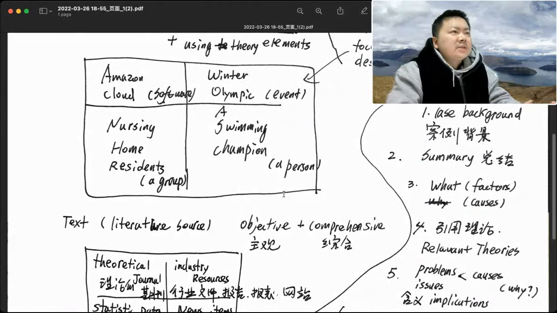You can write about a group of people. Maybe you can study the residents at a nursing home. A case study can also be about an individual, a person. Why would there be a case study about a single person?